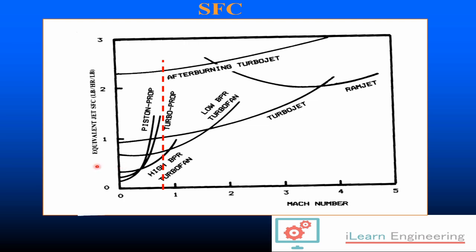It turns out to be what we call a high bypass ratio turbofan. More about that later on in this video. But if you then go to the top of this graph, you will see that the engine configuration that burns the most fuel is an afterburning turbojet.